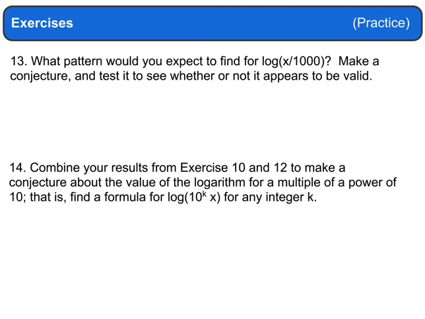So what patterns would you expect to find if we said log of x over 1,000, right? Then we would just say that would be -3 plus log of x. And so combine your results from exercise 10 and 12 and make a conjecture about the powers of 10 again.